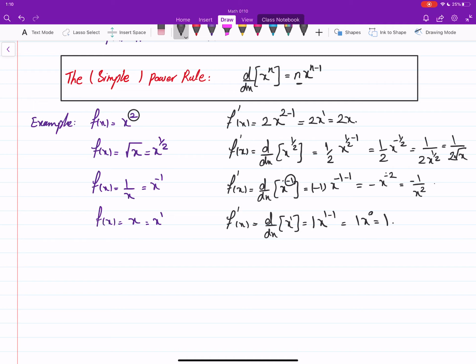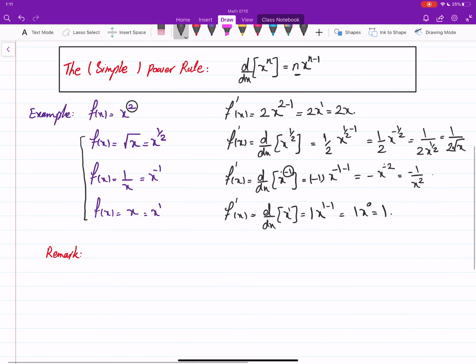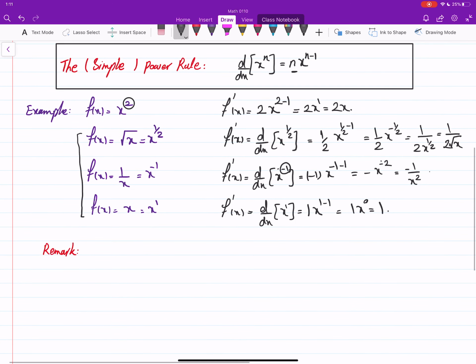You can always use these rules, but for these three things, I suggest that you keep these in mind as separate rules, something that you don't need to go back to the power rule to do. First, the derivative of the function x with respect to x is 1.